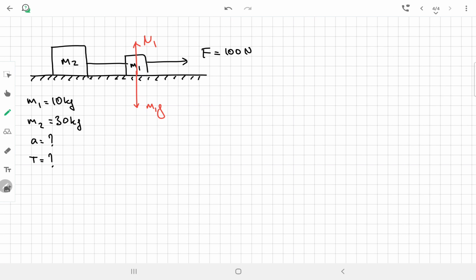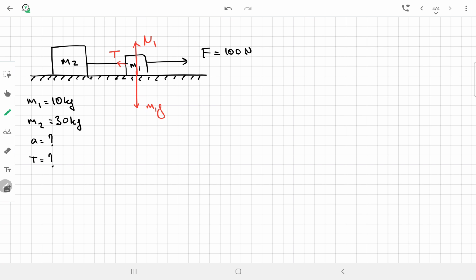So there is a rope, there is a force, and the direction will be to the left because it will try to stop it, and we call it just T. No friction, smooth. As you see, we have only 4 forces: force, tension, weight, normal force.